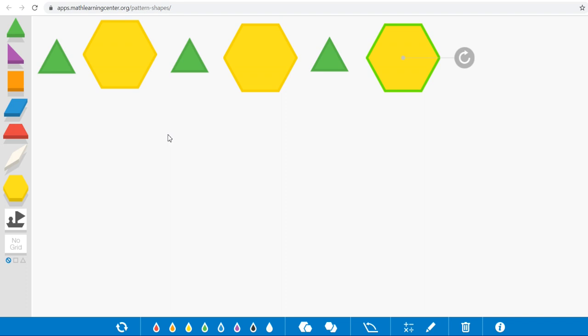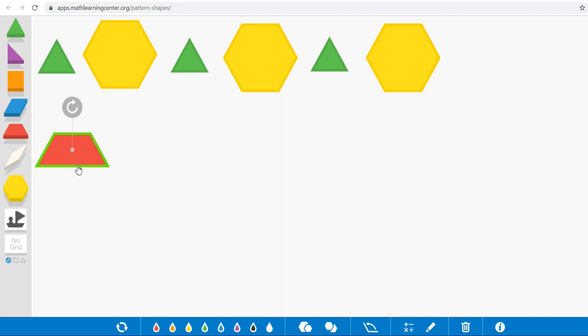I'm going to create an ABBC pattern. So ABBC. This time I'm going to pull over a red trapezoid for my A. This is kind of like the shape that we had in our classroom for our tables.